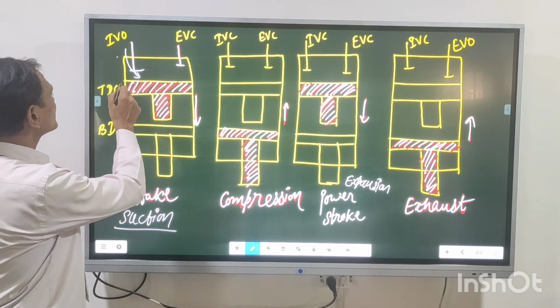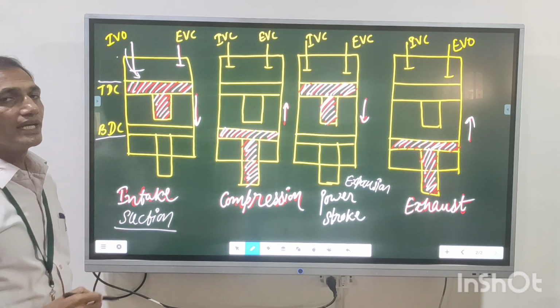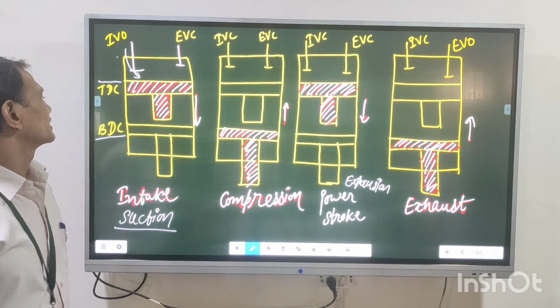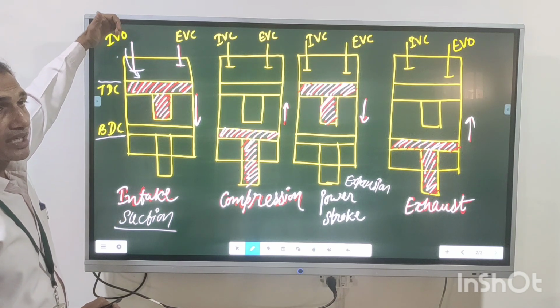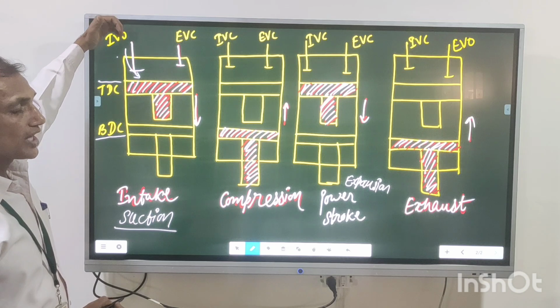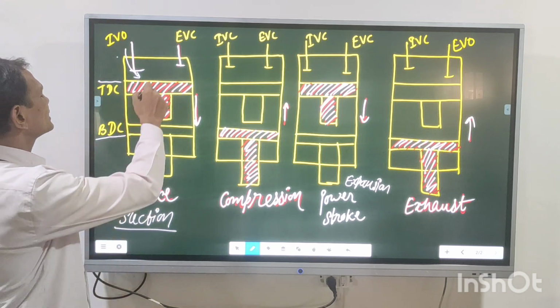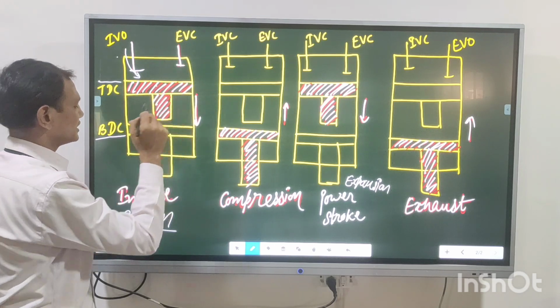Here this is the TDC and here this is the BDC. BDC is called bottom dead center and TDC is called top dead center. When the air and fuel mixture is taken in, the piston moves from TDC to BDC.